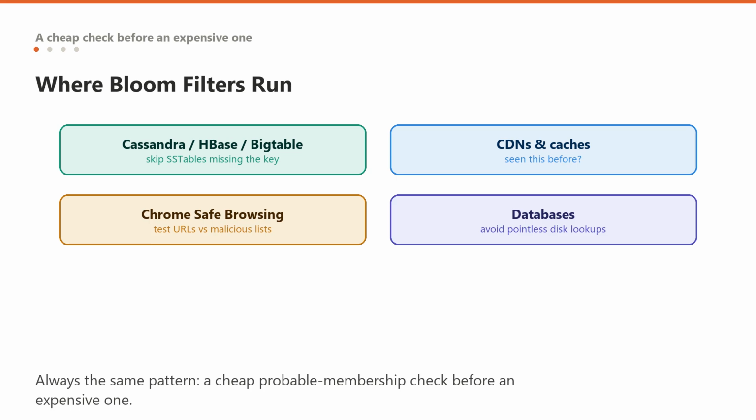Content networks and caches use them to check, have we seen this item before hitting the origin? Web browsers, including Chrome's Safe Browsing, used Bloom filters to test URLs against lists of known malicious sites. And they appear in spam filters, and in avoiding recommending content a user has already seen. The pattern is always the same, a cheap probable membership check in front of an expensive exact one.